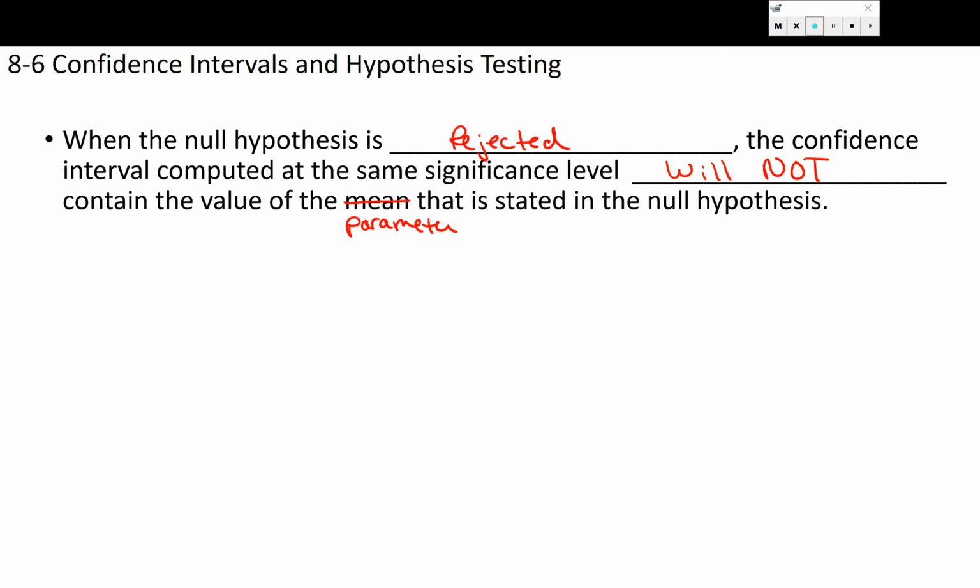Because it could be a mean, it could be a proportion, it could be a variance, it could be a standard deviation.